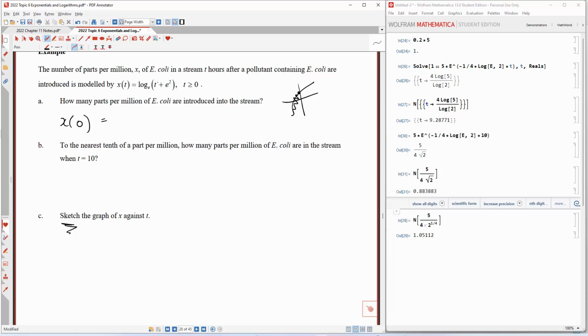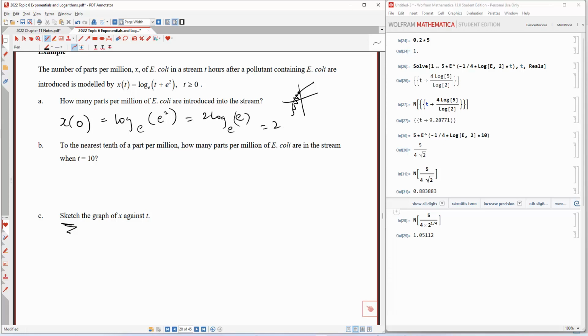So it's going to be x of 0 equals log e of e squared, which is equal to 2 log e, equals 2. So how many parts per million? It's 2 parts per million.